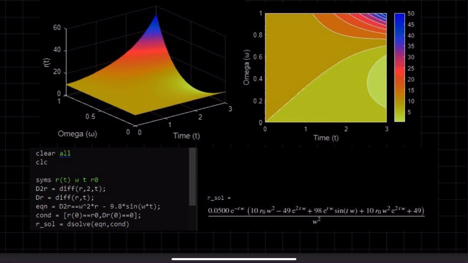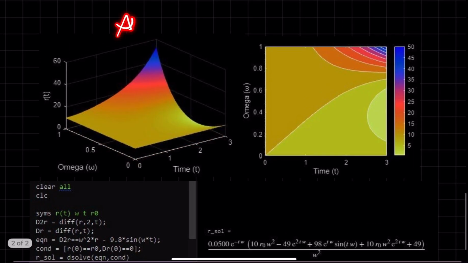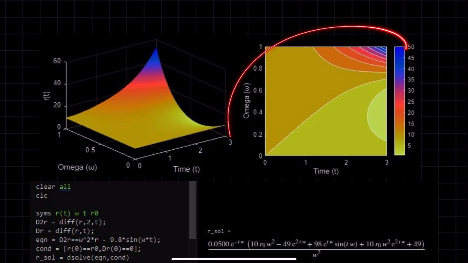And I want to express it in graphs to understand what is happening. We have the radial position, the angular velocity, and the time. If we look up here, we're going to see this. And what is this? Well, this is a stabilization point.